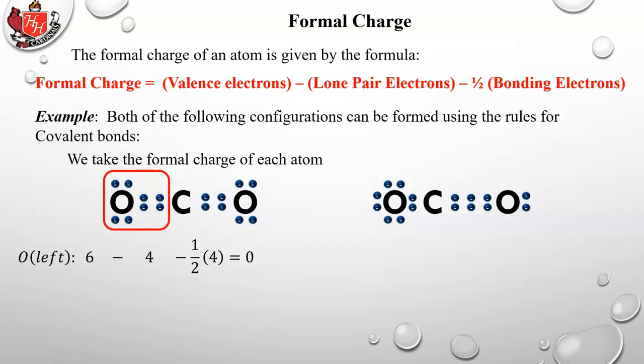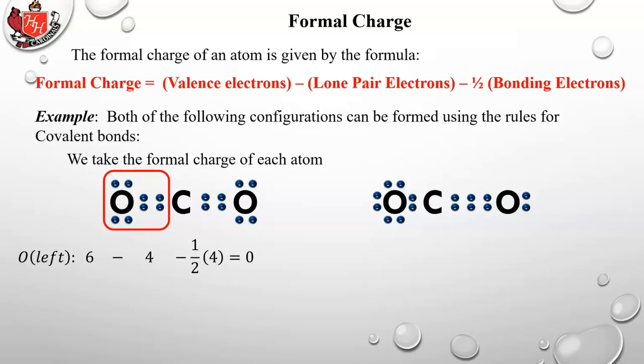So the way you would take the formal charges, let's look at oxygen. Oxygen naturally has 6 valence electrons when it's not bonding. In this particular bond, if you see the 2 lone pairs on top and bottom of oxygen, they belong to oxygen. So that's 4 electrons that belong to oxygen.